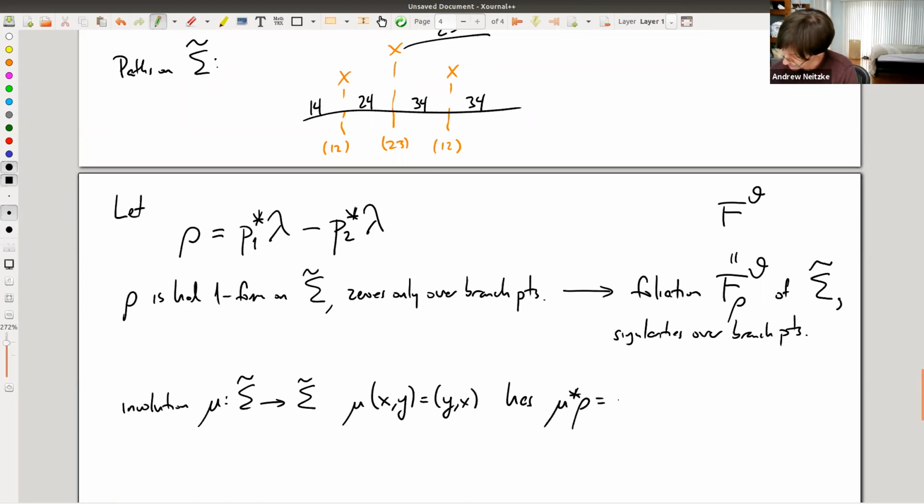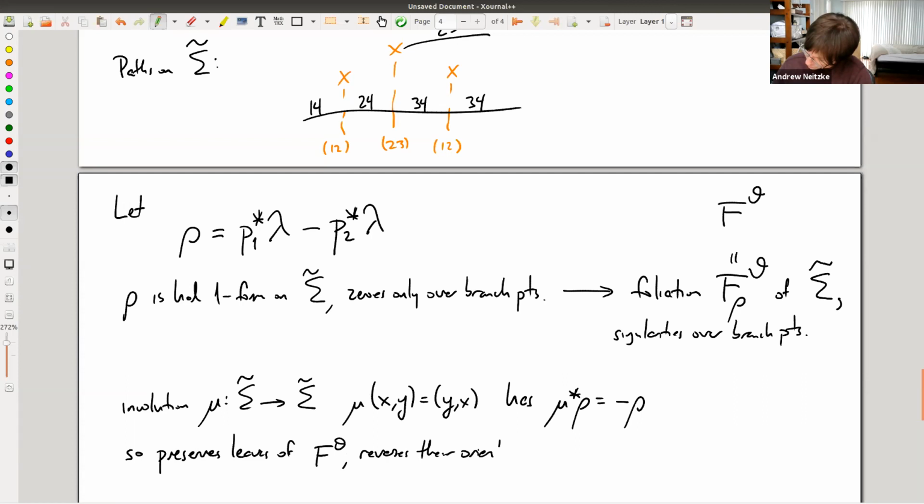That one reverses the sign of this rho. It just exchanges P1 and P2. And so with respect to this foliation, what that means is it preserves the leaves of this foliation and just reverses their orientation. So it preserves the leaves of F theta for any theta and it reverses their orientation. Okay, that's roughly going to mean we only have to draw half as many foliations as we might have thought.